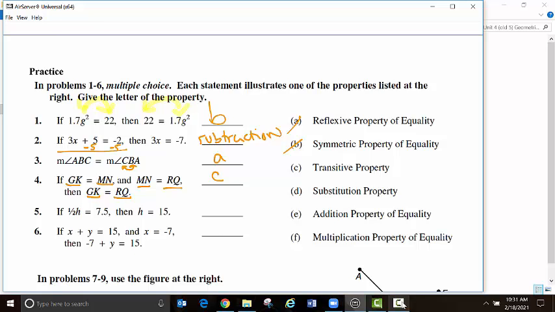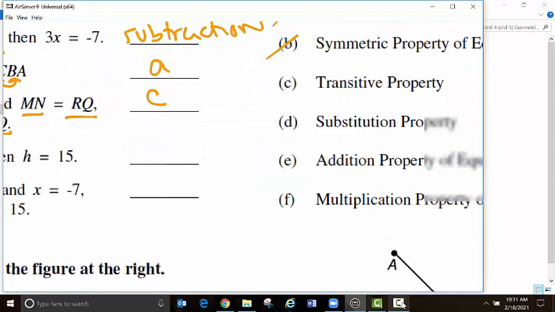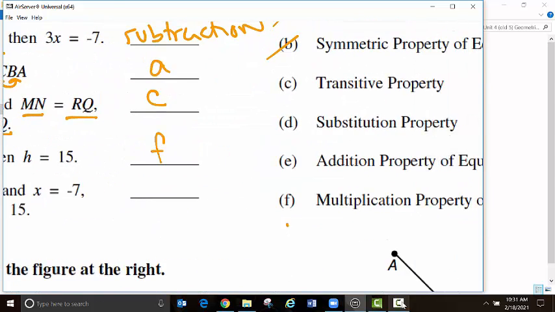The group in the back, what'd you guys get? Kevin's group, what'd you guys get? What'd you get? D. It is actually, it could be F, or you could call it, it is F. You could also call it division property.